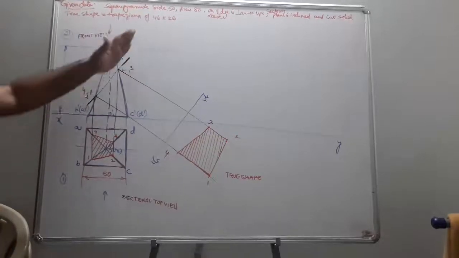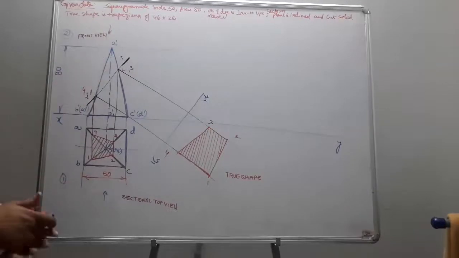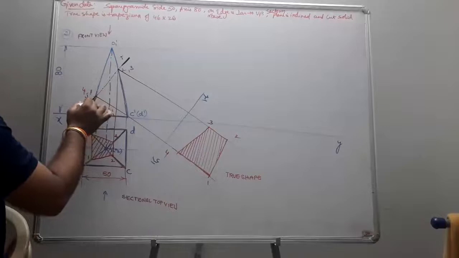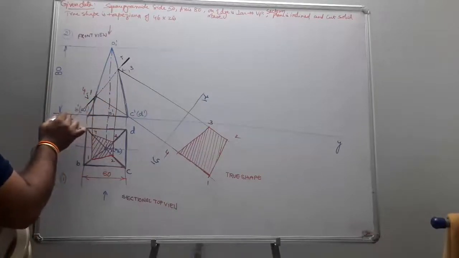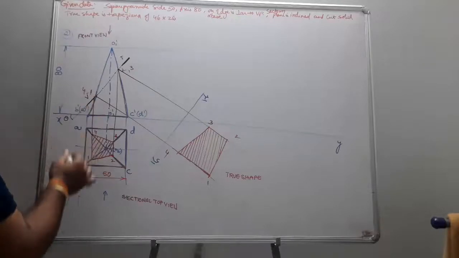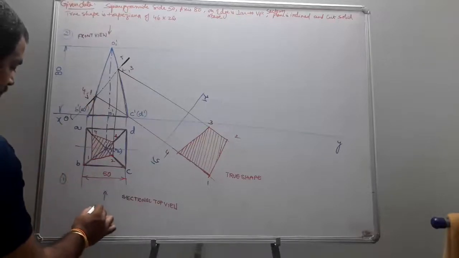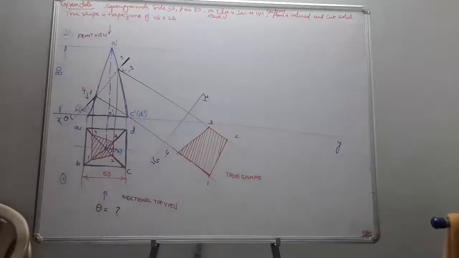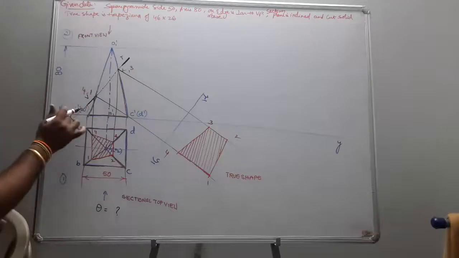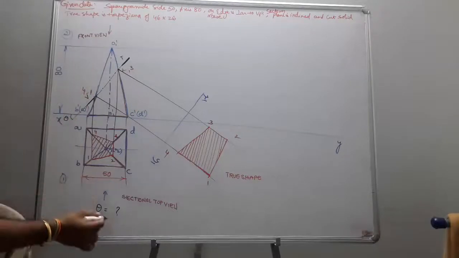If I draw this line, this was your cutting plane, and you also had to measure the inclination with the horizontal. Inclination with the horizontal is to be measured. So this was some theta. All of you had to measure this theta. The section plane inclination with horizontal is to be measured and placed here.